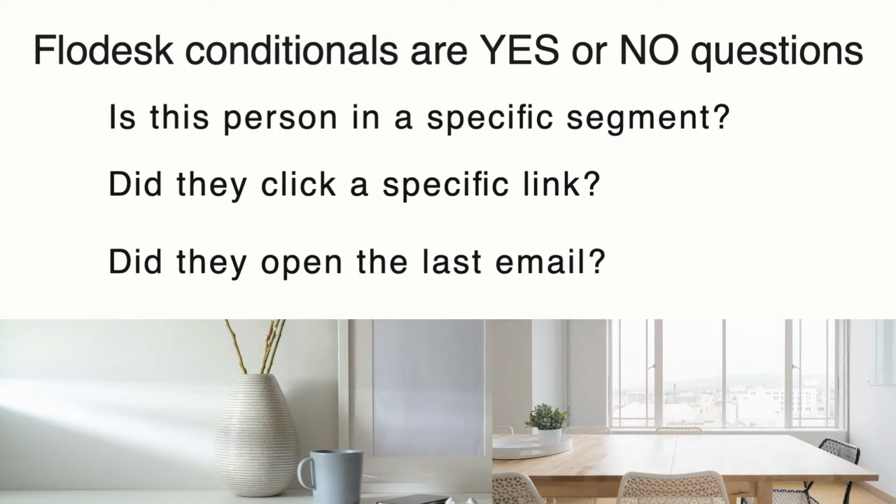And you can also ask what email did they open last? Maybe you're trying to segment your very engaged email subscribers versus your not so engaged. So you may be able to say, what was the last email?